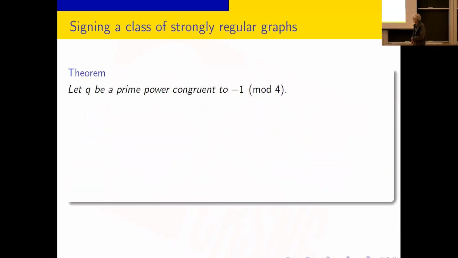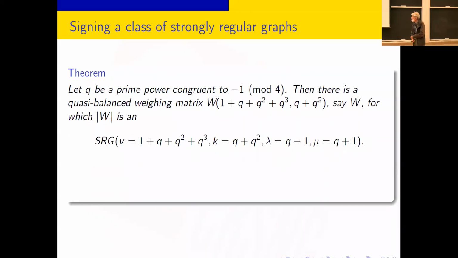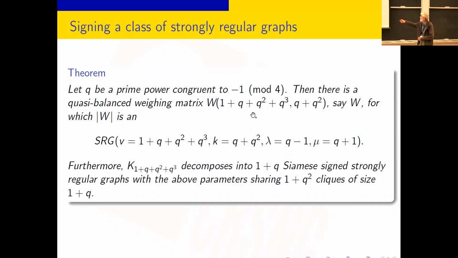The first one is to start with a prime power q congruent to -1 mod 4. For any such prime power, there is a quasi-balanced weighing matrix of order 1 plus q squared plus q cubed, and of course the number of non-zeros is q plus q squared.